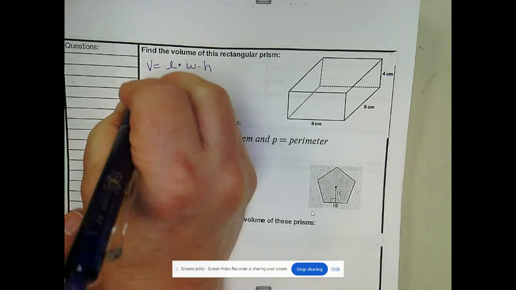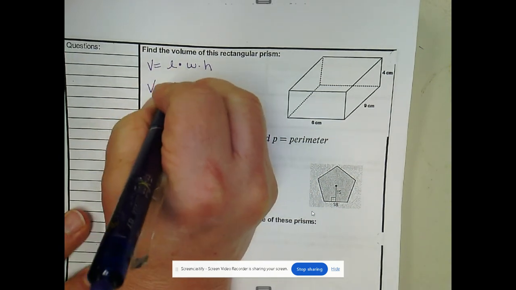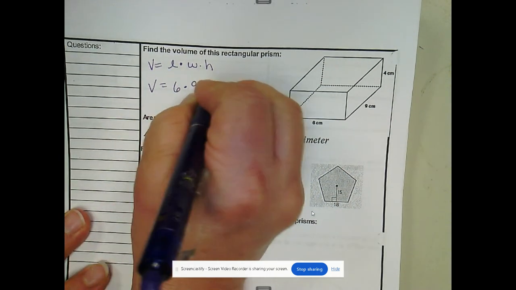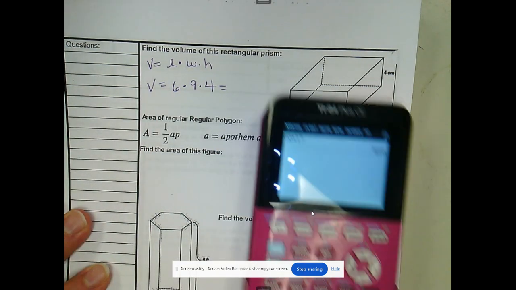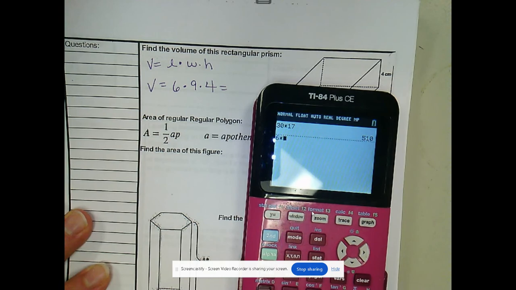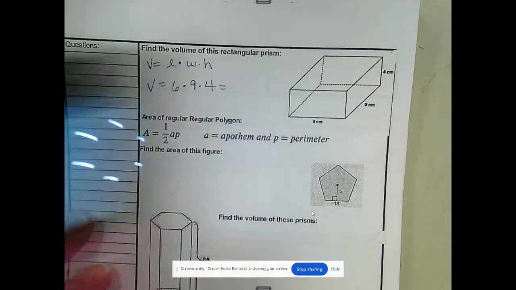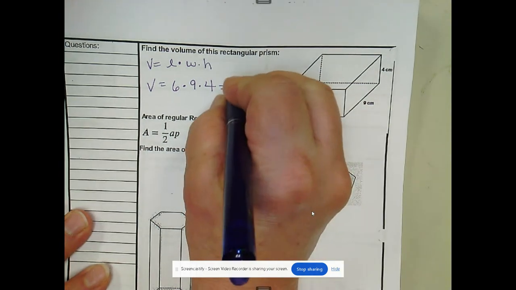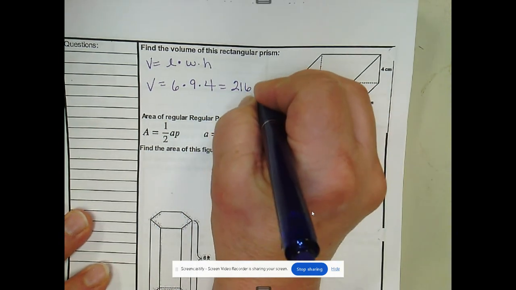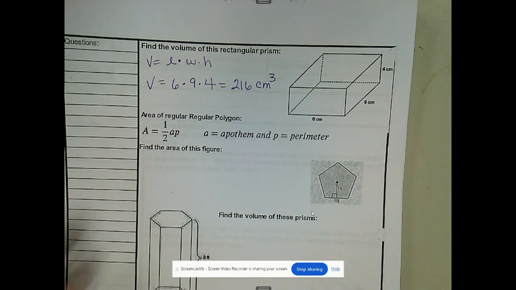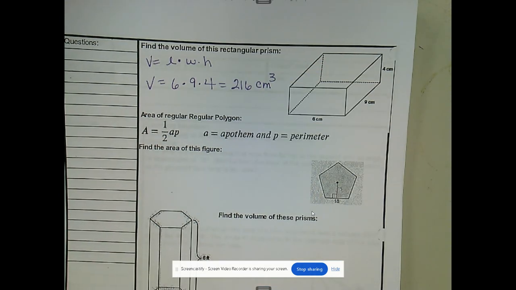So our volume will be 6 times 9 times 4, which is 216 centimeters to the third power. Your volume is always, always, always to the third power.